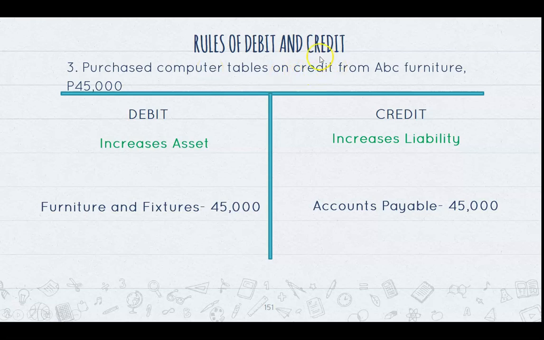Instead, on credit. Always remember this. On credit or on account. Yan, lalagay natin accounts payable. Okay? Ibig sabihin, na-acquire natin yung furniture and fixtures dahil sa inutang natin siya. Okay?